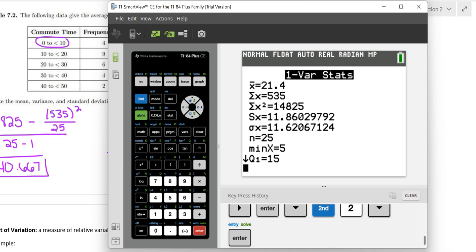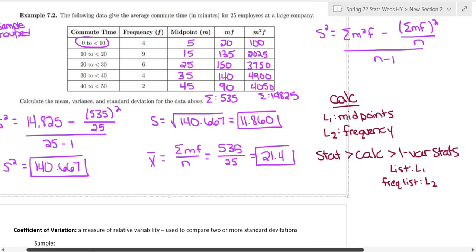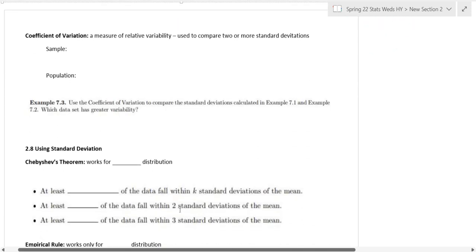Any questions about that? You'll have plenty of opportunity to practice. I want to do one more thing in this section, the coefficient of variation. It's easy. Coefficient of variation, we call it CV. You might see CV for the abbreviation.